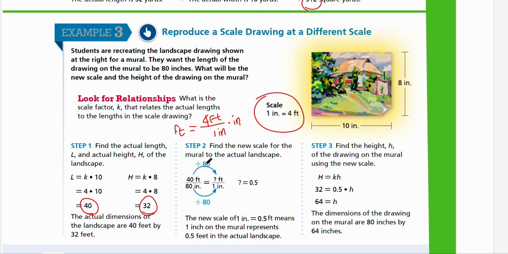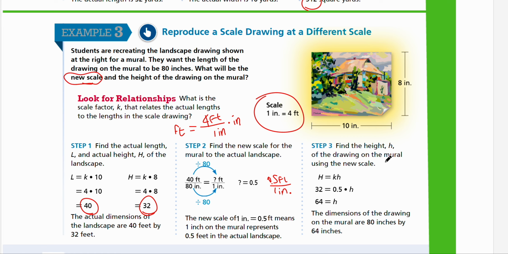So 40 divided by 80 should be the scale in feet. 40 divided by 80 is 0.5, or 1 over 2. So the new scale is 0.5 feet per 1 inch. Right now it's 4 feet over 1 inch, but we're changing to the new scale.